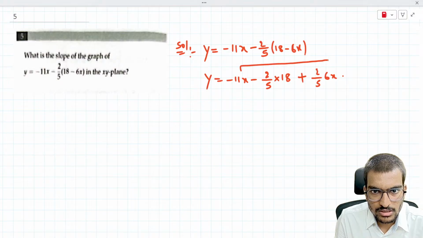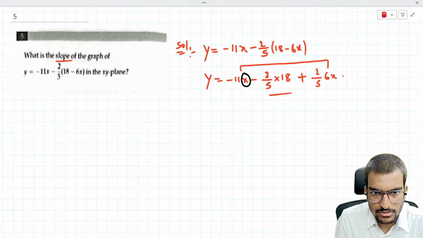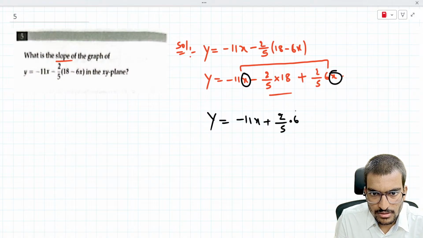So I just deal with only these two. I don't care about the constant because I just need the slope. Slope is connected with only the x terms, mx. So y equals negative 11x plus 2 by 5 times 6x minus 36 by 5. Don't care about this, not required.